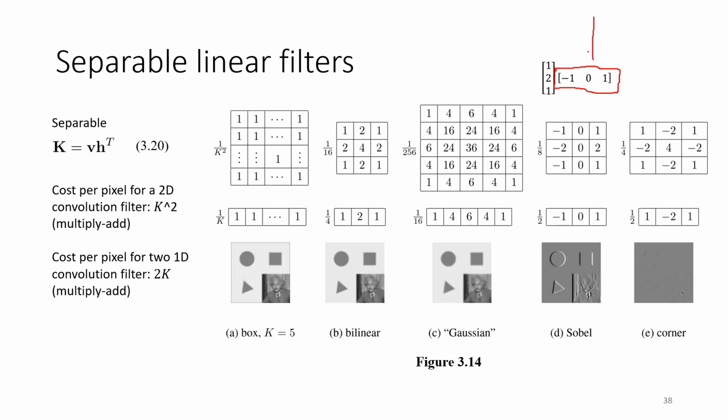For this one, it is a gradient filter, and here is a bilinear filter. So a Sobel filter is a combination of a bilinear filter and a gradient filter. Okay, let's go back.